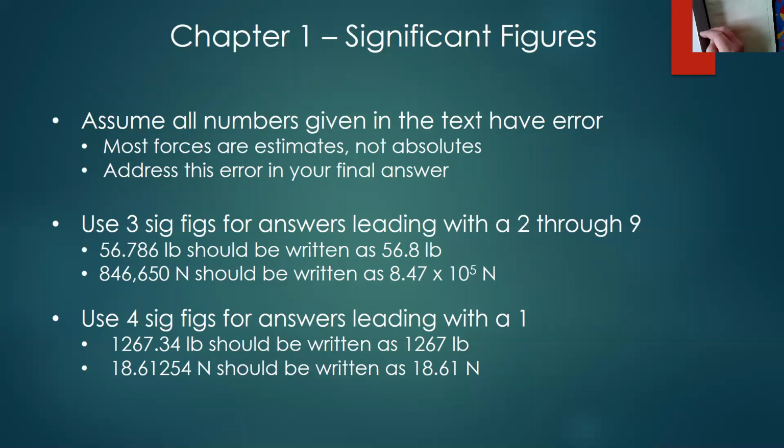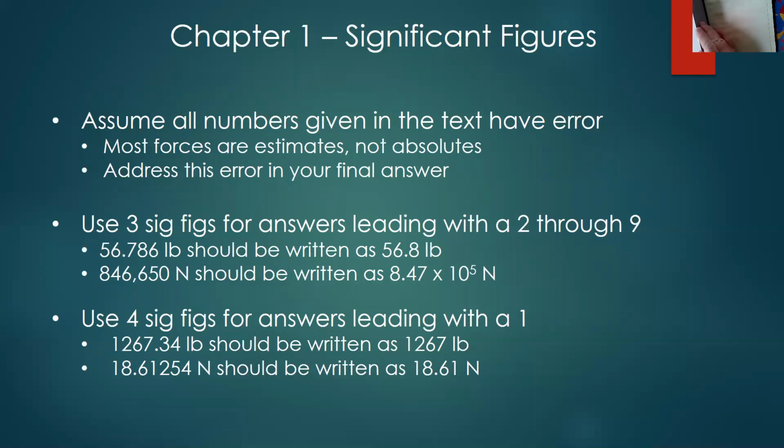And in that case, you just have the 3. If you have a number like 846,650, then write it in scientific notation, using the proper scientific notation with only one number before the decimal, and then to the appropriate power.